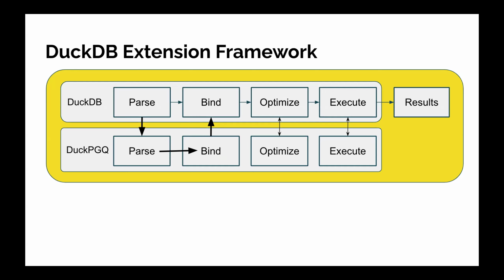The second step is binding, where DuckDB will consult the catalog and do lookups. Do the tables exist? Do the columns exist? Are the types correct? Is there a semantic error? If that all succeeds, then you get a so-called logical relational algebra plan. And that is then optimized. The operators are maybe reordered. And finally, this is executed.